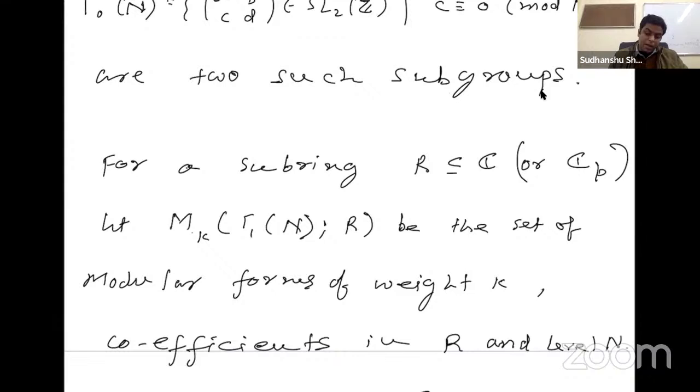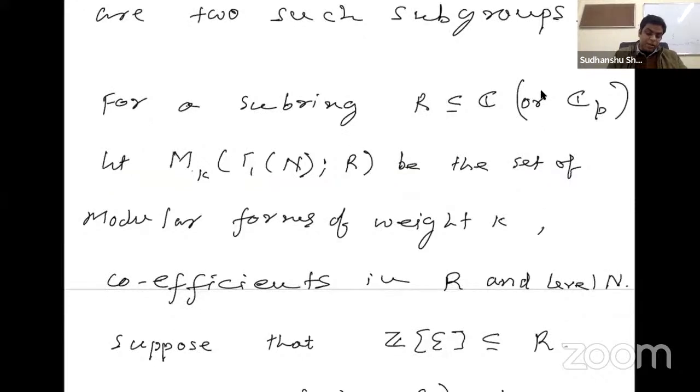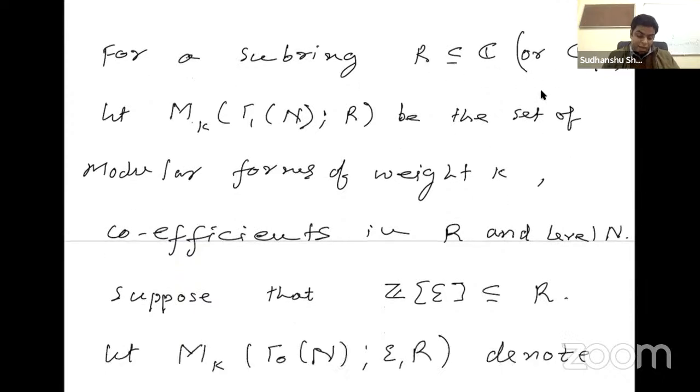Now, for a subring R of C, or in fact one can even take C_p, but I will mostly take subrings of C, we denote by M_k(Gamma_1(n); R) the set of all modular forms of weight k with coefficients in R, meaning their Fourier coefficients are in R, and of level n.